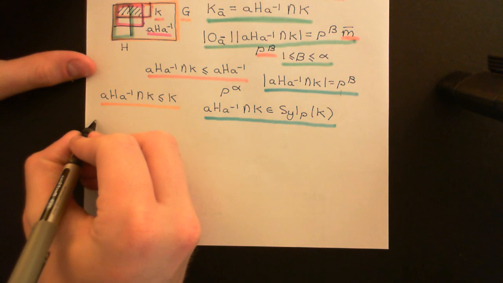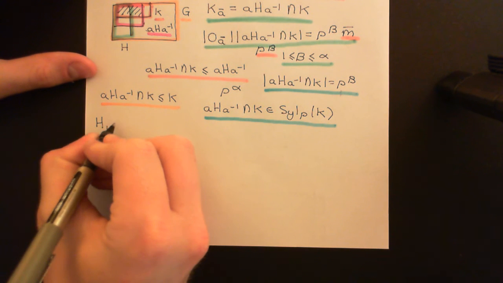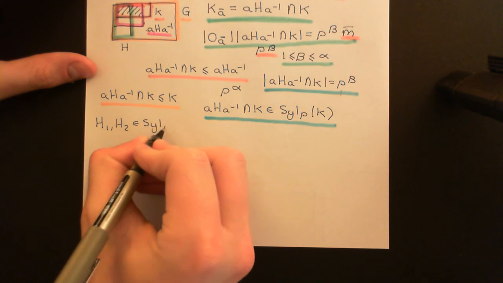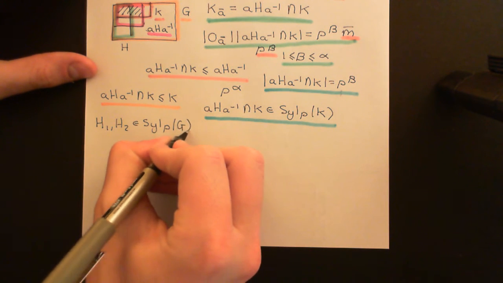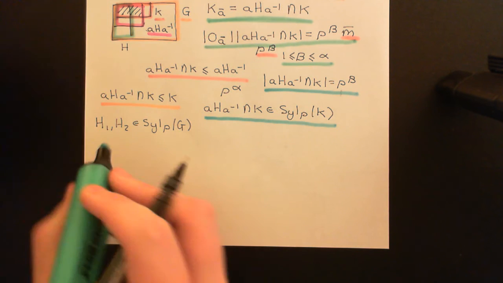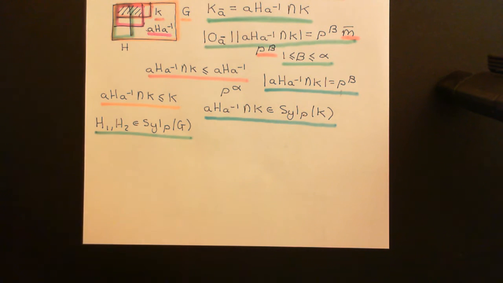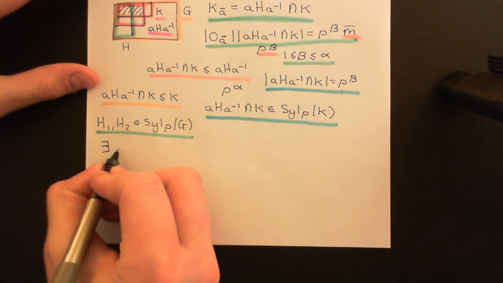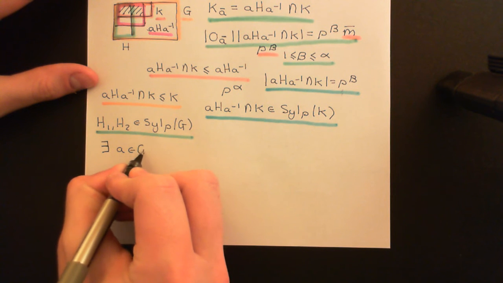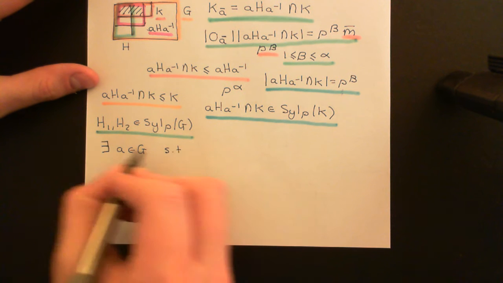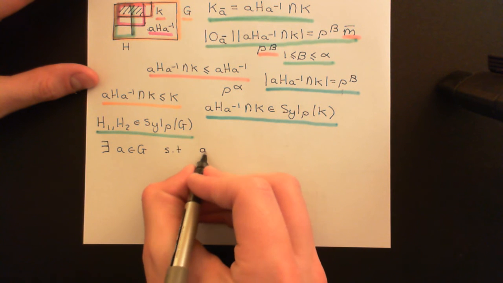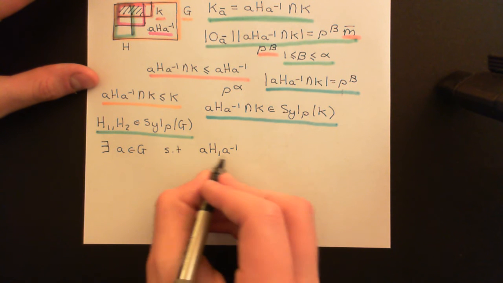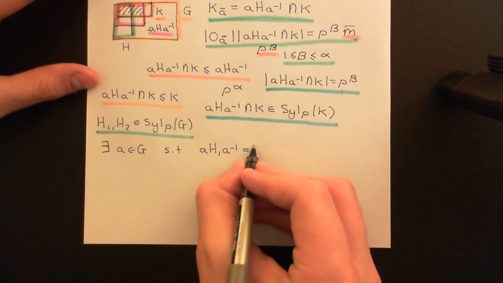So what I want to show you is that if H1 and H2 are both elements of the set of all Sylow P subgroups of some group capital G, then there exists some element of the group capital G, which I'll call little a, such that if I conjugate this first Sylow subgroup by the element little a, so if I take a H1 a inverse, this new thing that I get is equal to H2.